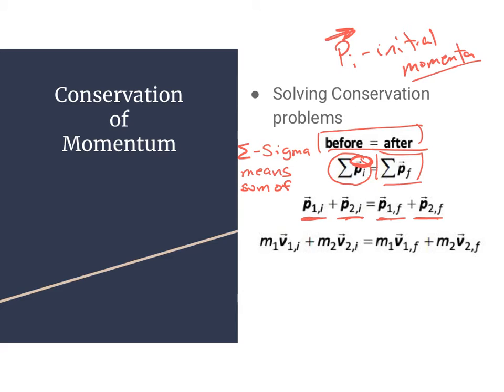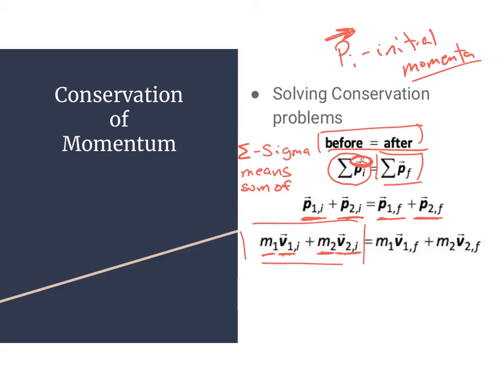We expand that a little bit more into our definition of momentum, and we have the mass of object 1 times the velocity of object 1, initial, plus the mass of object 2 times the initial velocity of object 2. So that's our initial momentum right here.